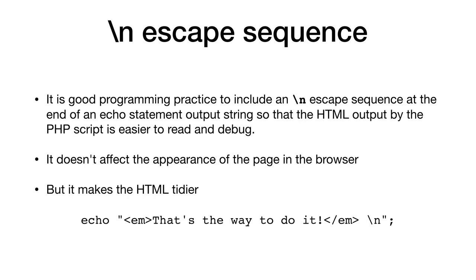So if you didn't put it in, it wouldn't make any difference really. But it's very useful from the point of view of reading the code that comes out of the PHP, so that if we need to look at the HTML and see if something went wrong or see what the output of the program was, it will make it much easier to read. But it doesn't actually make a difference to the appearance of the page in the browser.